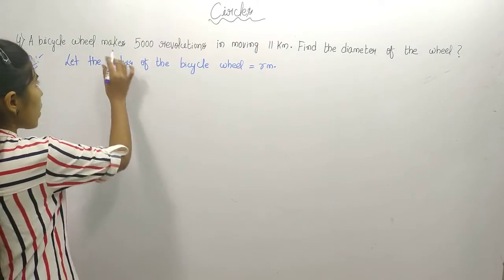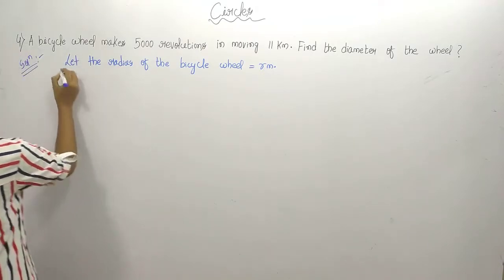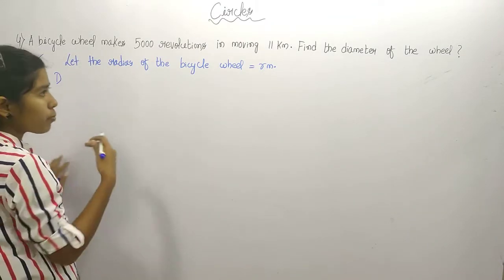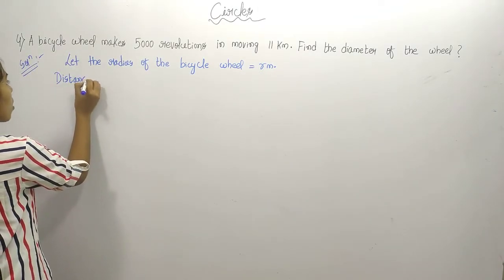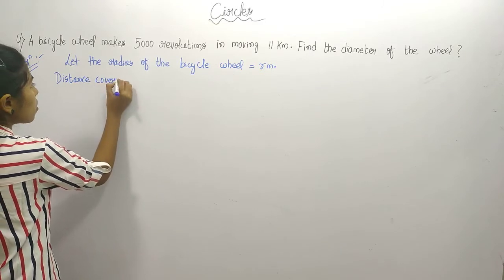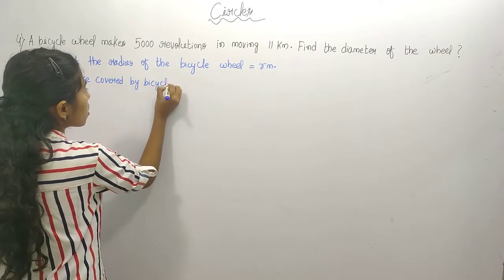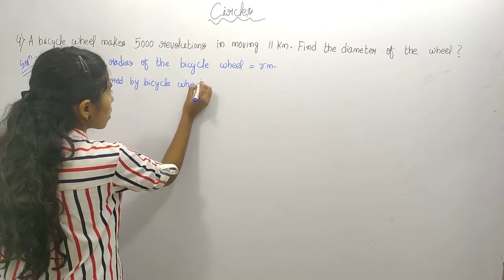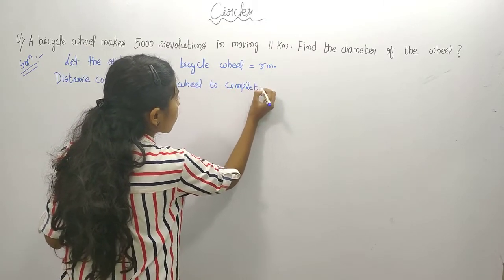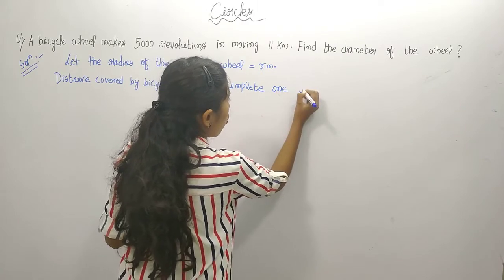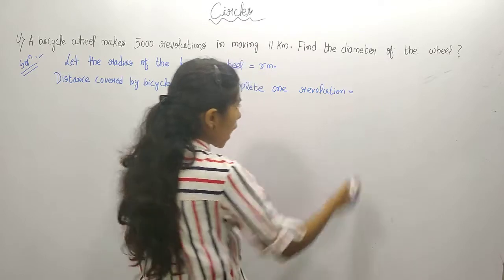Now it is making 5000 revolutions in moving 11 kilometer. So first of all we have to find for one revolution now. So what you will write? Distance covered by bicycle wheel to complete one revolution is equals to, what is the formula I have said before?